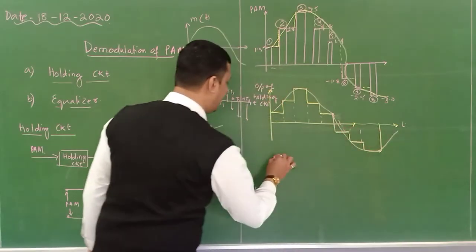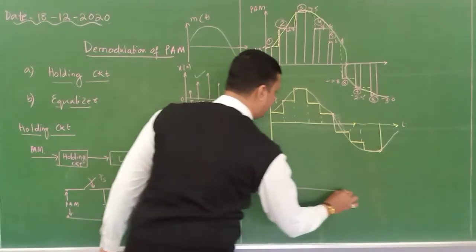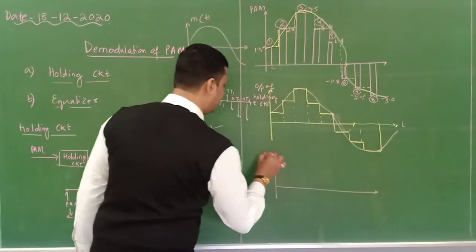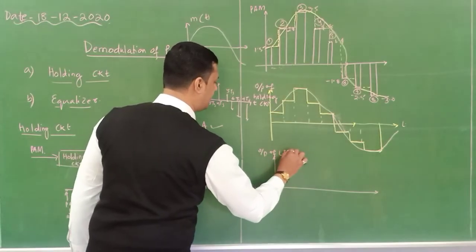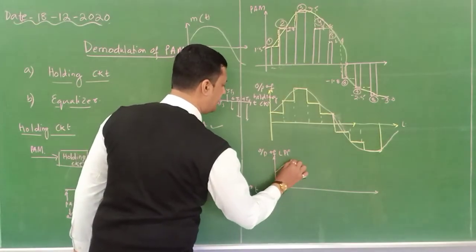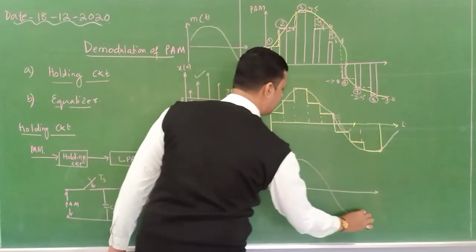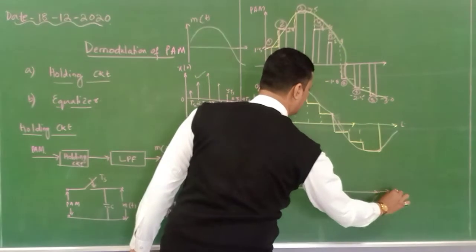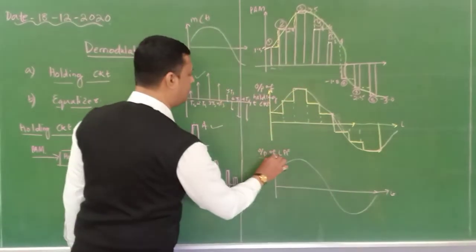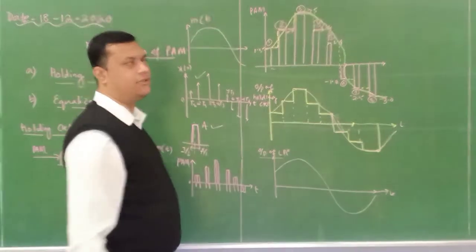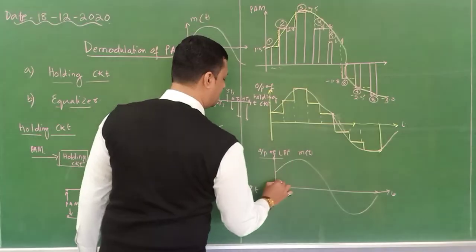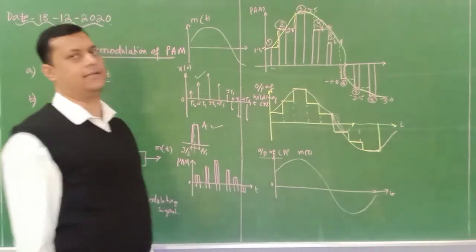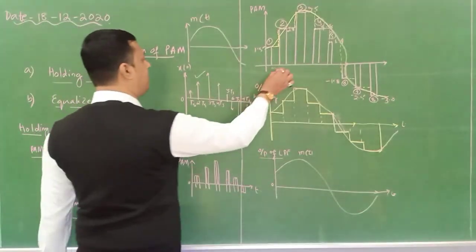And the output of the LPF will be in this particular manner. This is T. This output of the LPF is quite similar to my modulating signal. So the modulating signal was reconstructed. So this is step 1.